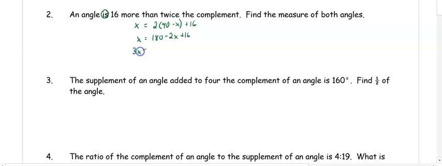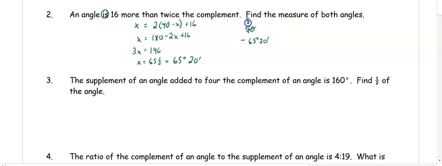We can add 2x to both sides to get 3x, and we can combine the 180 and the 16 to get 196. When we divide by 3, we get 65 and 1/3, which is 65 degrees and 20 minutes. So to find the other angle, because we were looking at complements, we're going to subtract from 90.